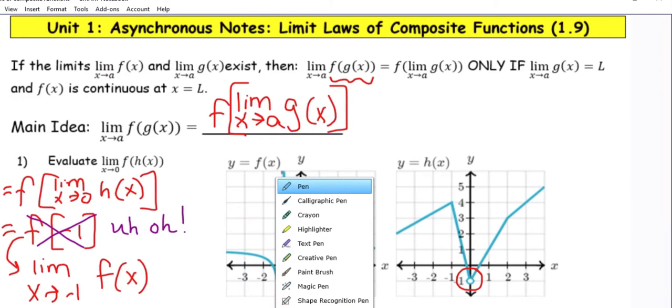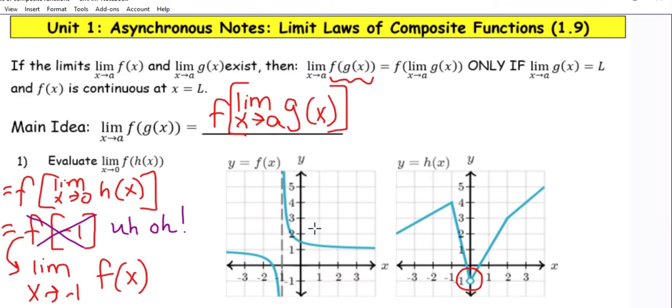But when we rewrite it as a limit, we have to figure out whether it's going to be a one-sided limit, a left or a right limit. To decide what to put there, we come back to the limit as x approaches 0 of h of x. We came in from the left, we came in from the right, and we got the number -1. How did we get -1? Where did we come from?